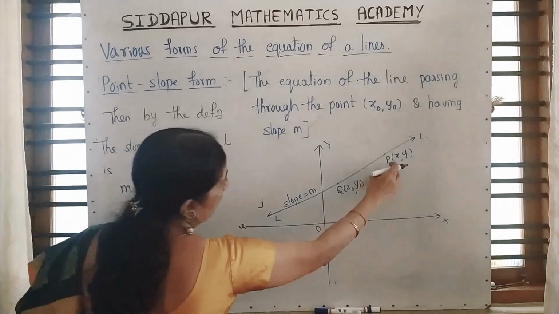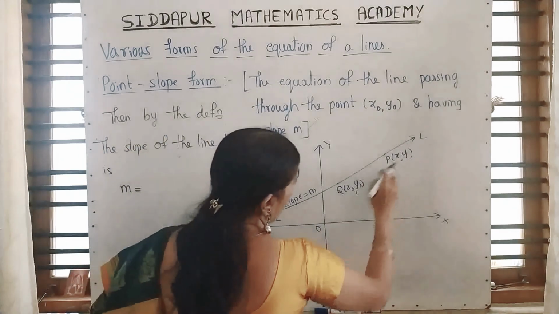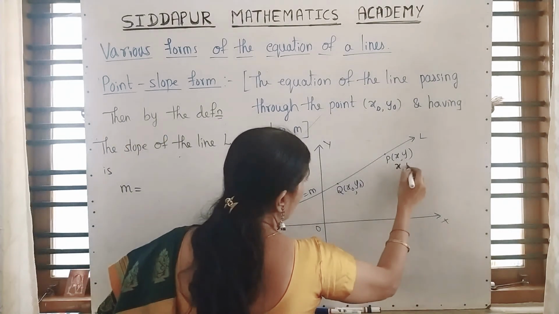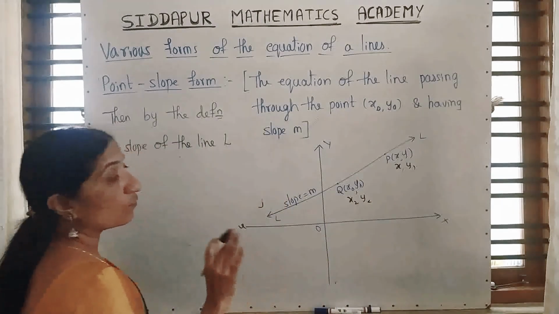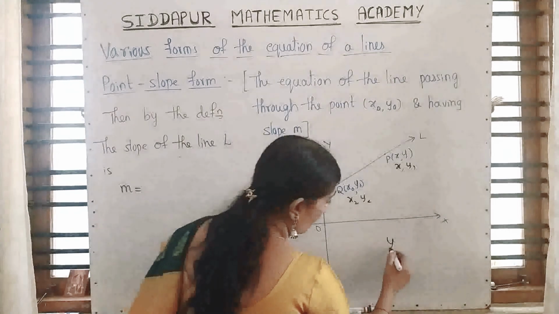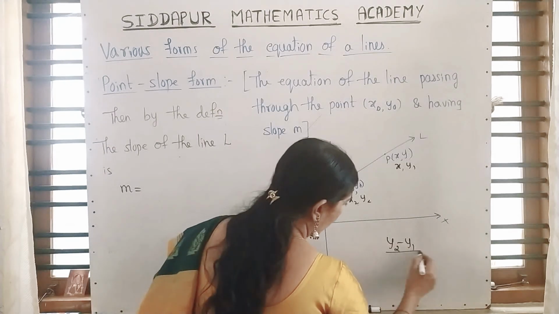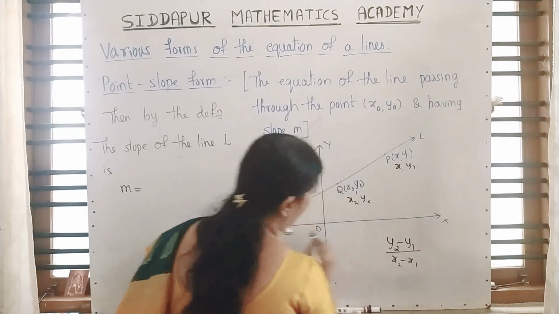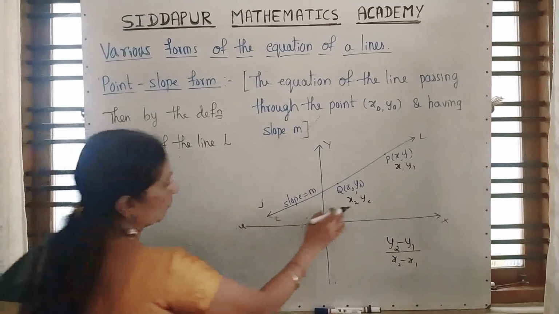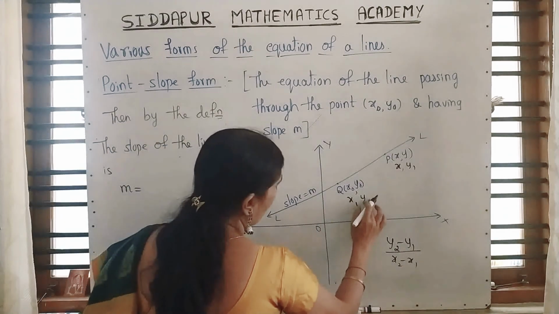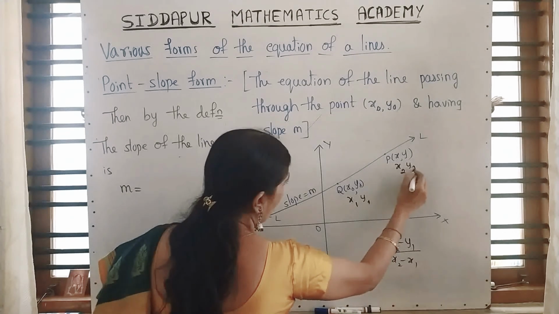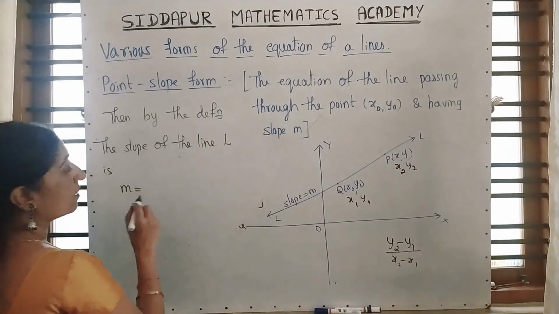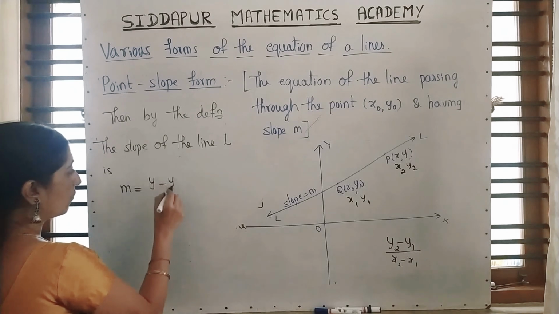Let us take this as (x1, y1) and this as (x2, y2). That is, m = (y - y naught)/(x - x naught). Cross multiply: m(x - x naught) = y - y naught.